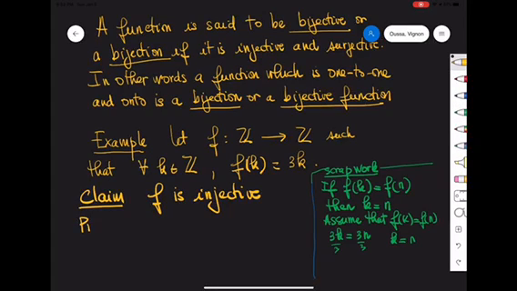Now that we understand exactly what we want, we can write a correct proof, which is well structured. Let us follow the right format.